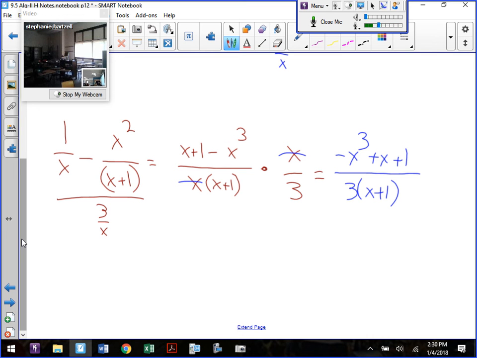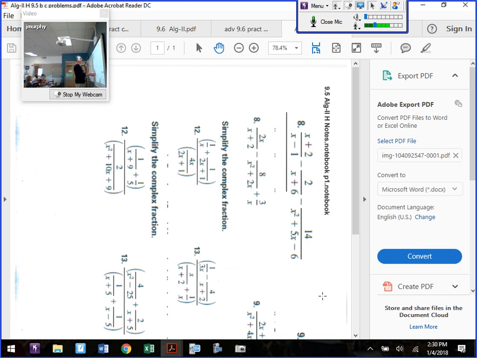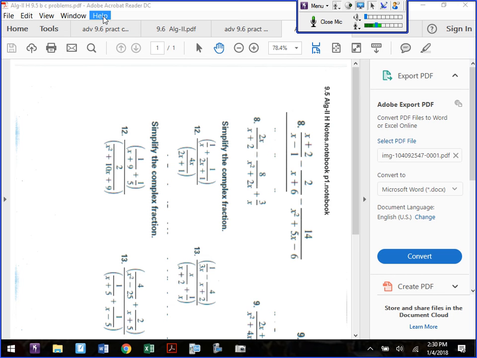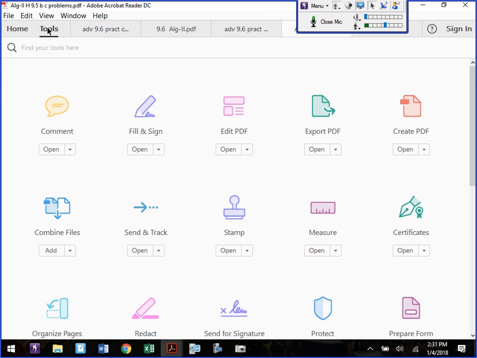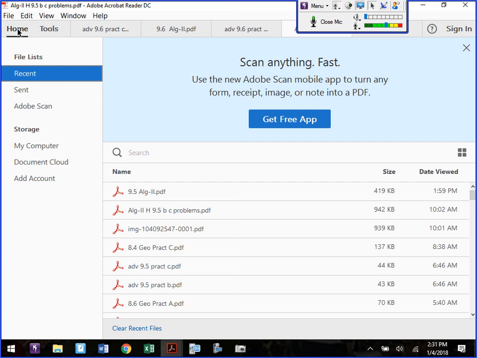So what I'm having you guys do this evening, I posted it already on the website. I took 10 problems off a set of the old worksheets. I can rotate this. Where's the rotate button? Whatever, you'll figure it out.